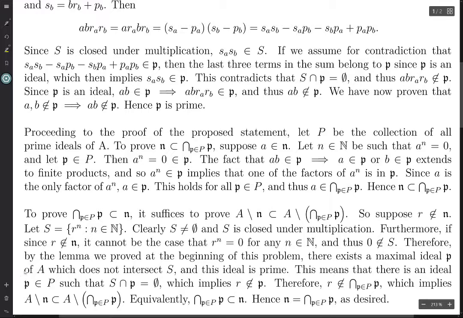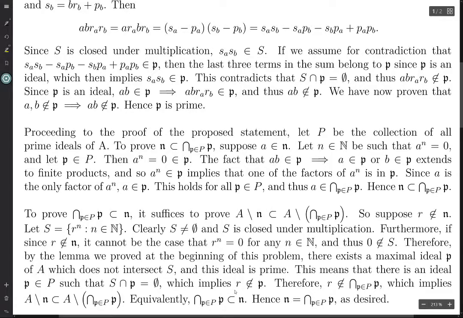Therefore, the lemma that we proved at the beginning applies, and so there exists a maximal ideal P of A which does not intersect S, and furthermore, this ideal is prime. So there is a prime ideal P such that the intersection of S with P is empty.